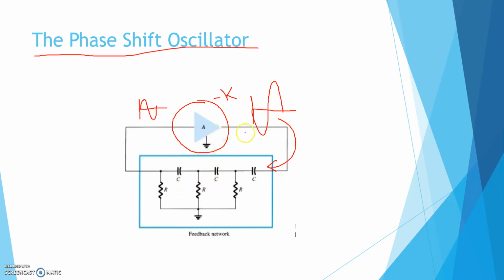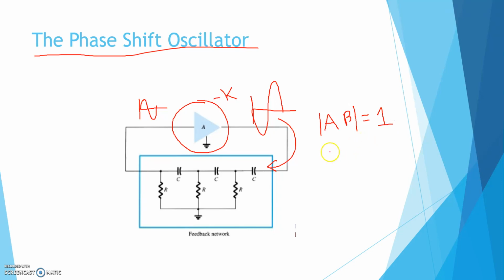Now to sustain oscillation at a particular frequency and with a particular amplitude, what are the two criteria that must be satisfied? One is the magnitude of A times beta, that is the magnitude of the multiplication of basic amplifier gain and feedback gain, should be equal to 1.